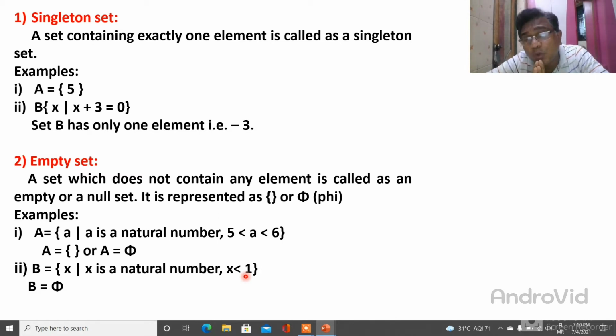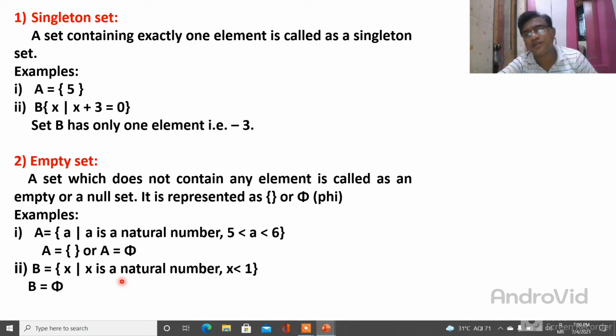So there is no number which is smaller than 1 in the natural numbers, because 1 is the smallest natural number, and they say the natural number should be smaller than 1. Is it possible? No, it is not possible. So there is no element. So it is an empty set, and that can be written as B equals phi, the empty set.